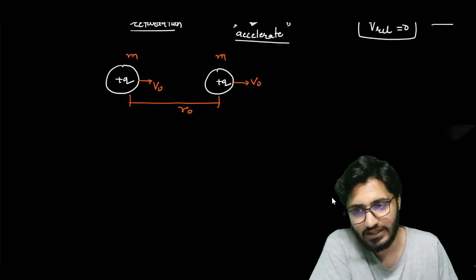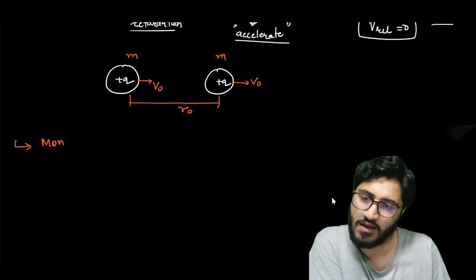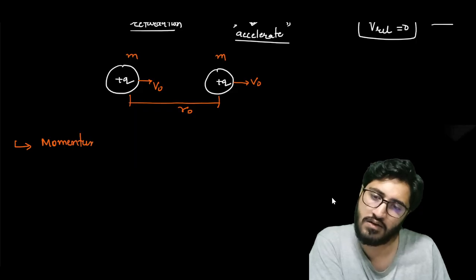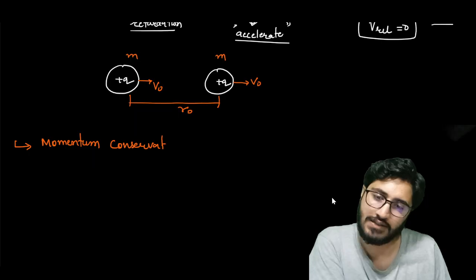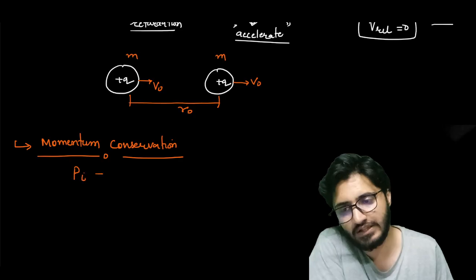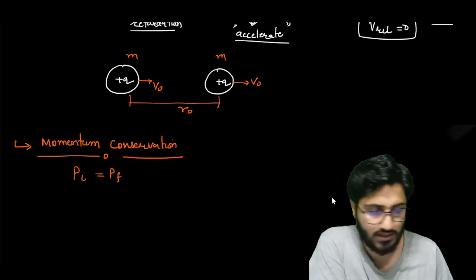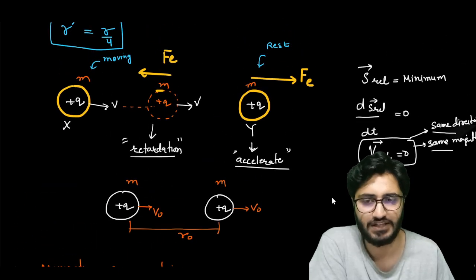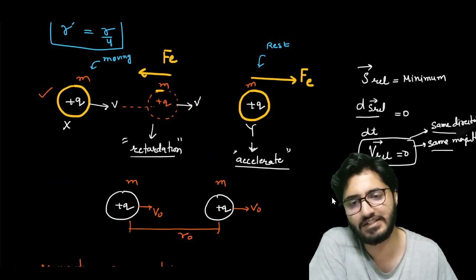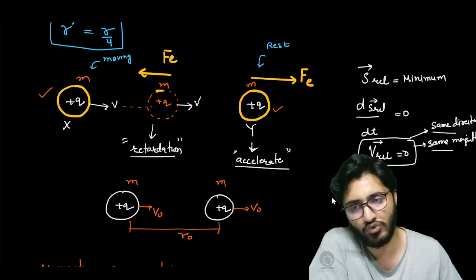So use conservation of momentum. Momentum conservation means initial momentum is equal to final momentum. Look, initially this particle is at rest, this one is in motion: the X particle is in motion and Y is at rest.